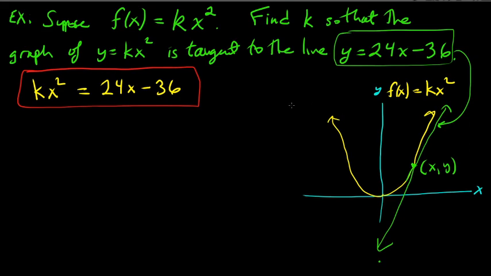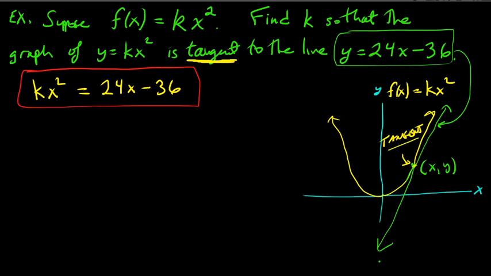So what else do we need? What else do we know about the situation here? Here's the key word. This green line is tangent to the graph at this point. So if it's a tangent line, what else is true at this point? What's true is that their derivatives are equal.